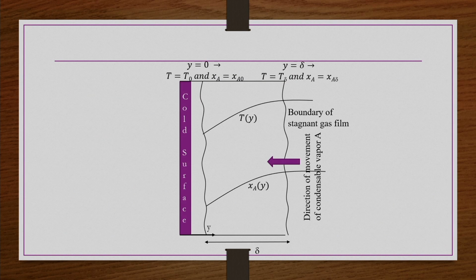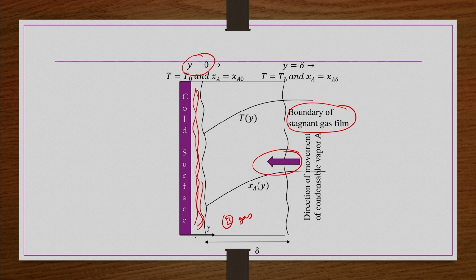So, pictorially we have a cold surface here designated as y equals 0, and close to it there is a boundary of stagnant gas film made up of B, right. The condensable vapor is coming in this direction, reaching this cold surface and condensing here, right.